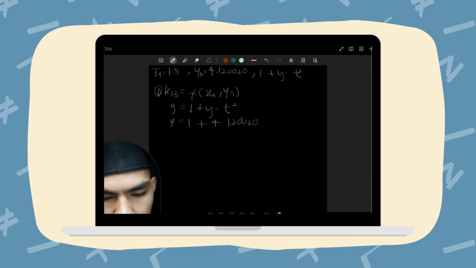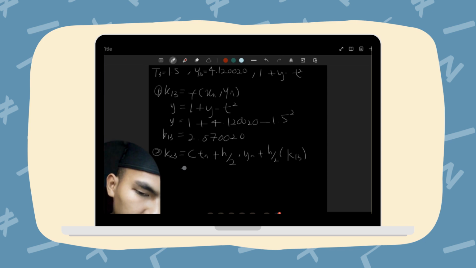Now, for the next step, 1 plus 4.120020 minus 1.5 squared. Okay, now we put in 1.5 plus 0.5 divided by 2 equal 0.25 here. Then yn, 4.120020 plus 0.25 multiplied by k30, 2.870020.